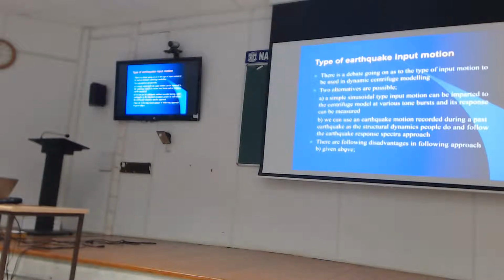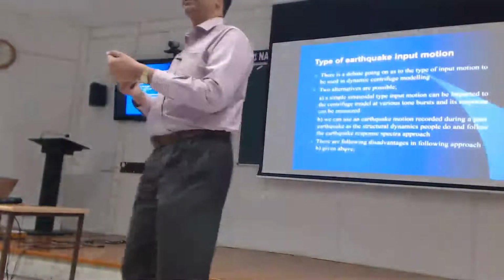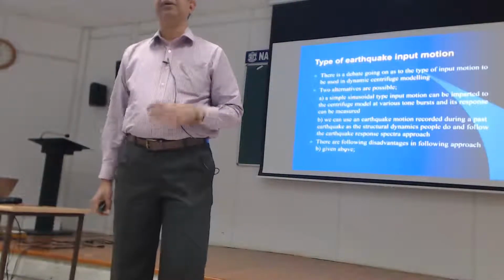The reason is we want to fail the model, and by failing the model, you get to see the failure mode. As I said, getting the failure mechanism is the ultimate aim in all this. As a result, sinusoidal motion is quite strong and quite good at inducing a failure. Real earthquakes, on the other hand, typically have maybe 2 or 3 cycles of strong shaking and a lot of rumbles afterwards or before.